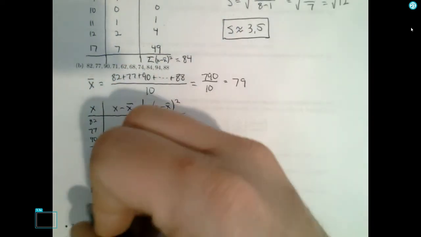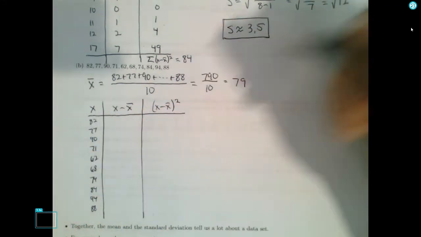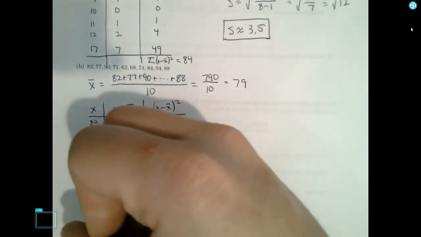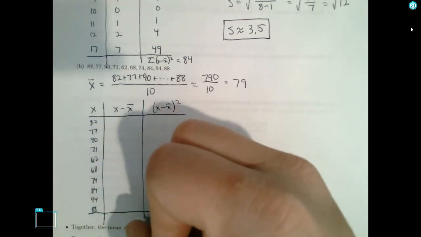Okay, so I'm going to write them small. 82, 77, 90, 71, 62, 68, 74, 84, 94, 88. And then that'll still leave me just enough room to write down the total. Okay.